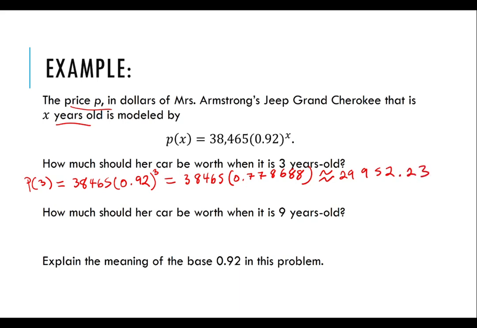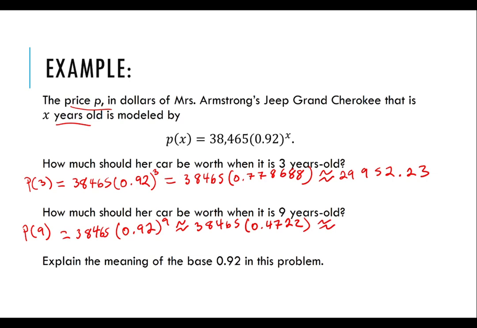Then what is it going to be worth in 9 years? Same thing. P of 9, that's going to be 38,465 times 0.92 raised to the 9th power. I get that this is approximately 38,465 times 0.4722, rounding that number.